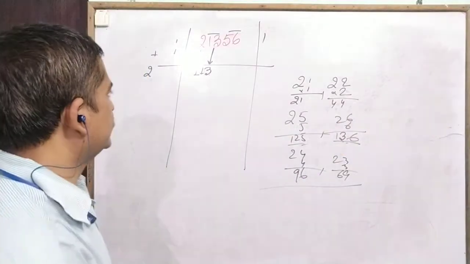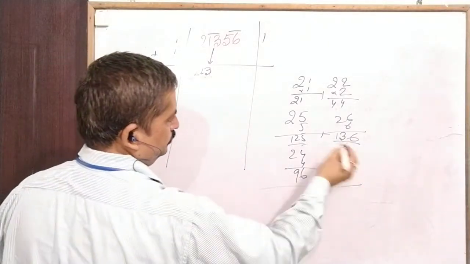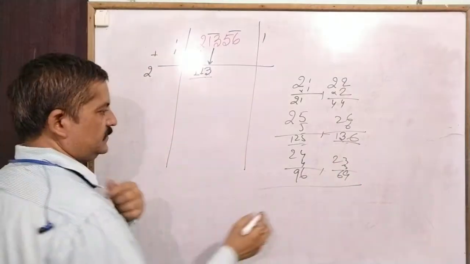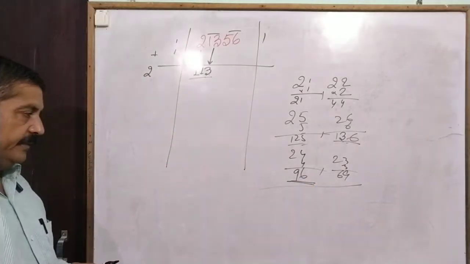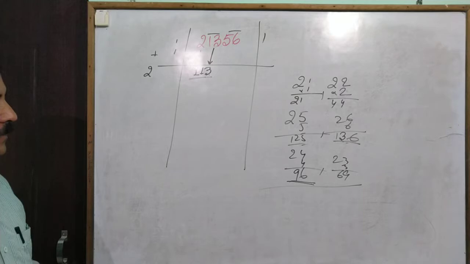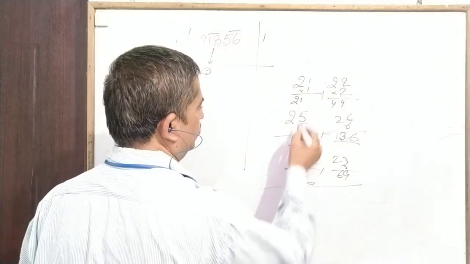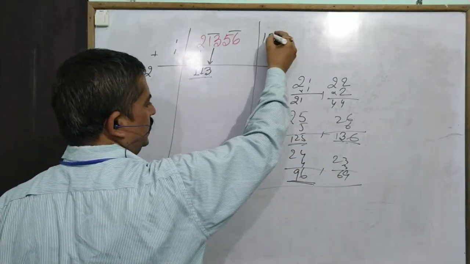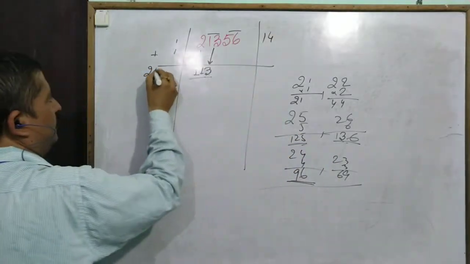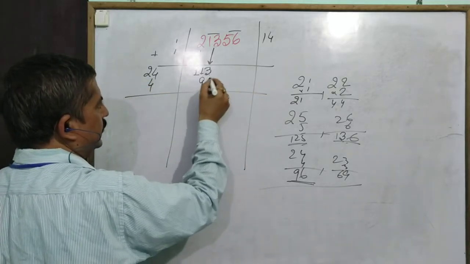So just nearest to 230, 130 will be the 96, because if 25 is the 125, it is more than. So we use the 4, 4, 4 and there is the 90.